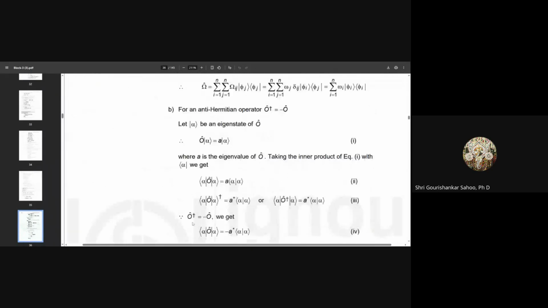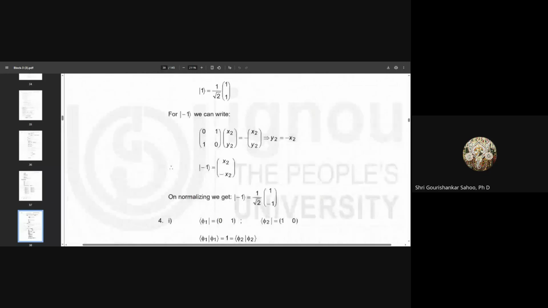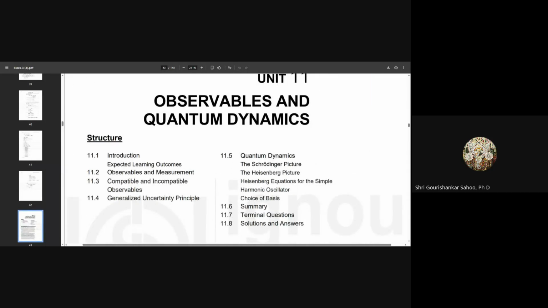Then we have discussed many quantum mechanical problems in the Schrodinger formalism, where you have the Hermitian operator, and that will describe the observables. Here you can have an overall picture: one is the Schrodinger picture, another is the Heisenberg picture, and the Heisenberg equation for different quantum mechanical problems and how to solve it.